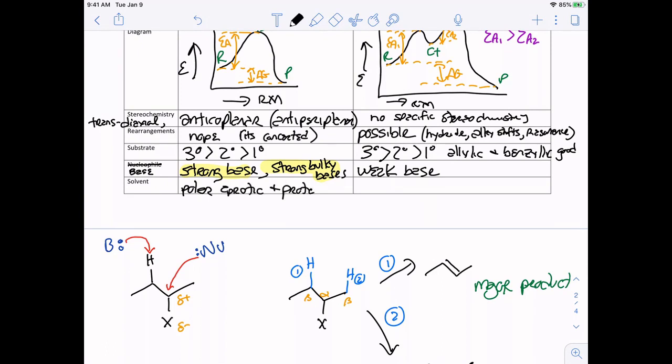Basically a wide variety of solvents. The solvent usually doesn't help us with this one very much. If it's a strong bulky base, or both, that's redundant, E2. I usually don't need the solvent to determine that one. But polar aprotic is good. Protic also works. Here we do want protic, polar protic.